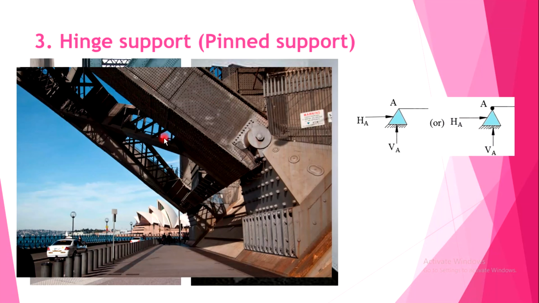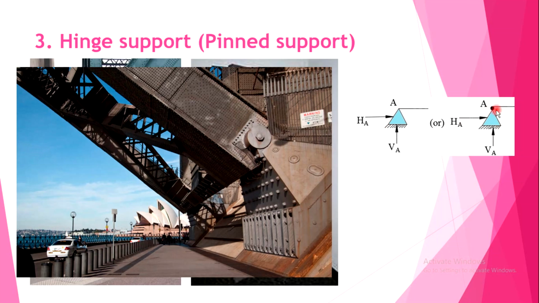Here is another example of a hinge support. Here it is going to resist the movement in the horizontal direction as well as the vertical direction, but it is going to allow the structural element to rotate. So the sketch for the hinge support will be here, or we can represent it like this also, as a pin support.